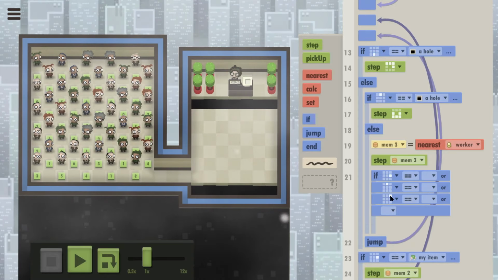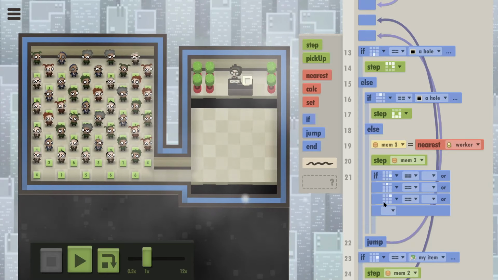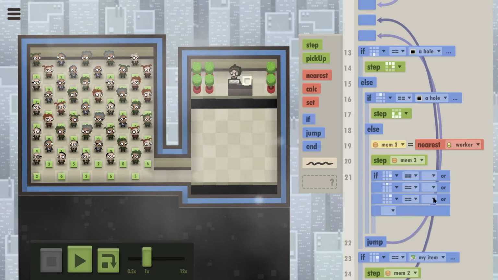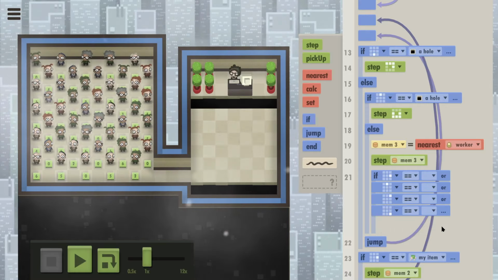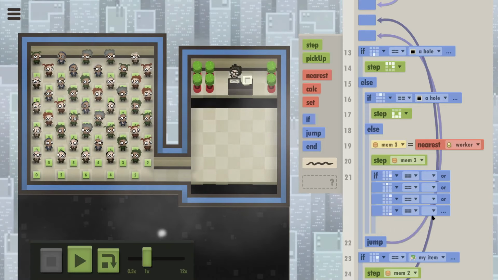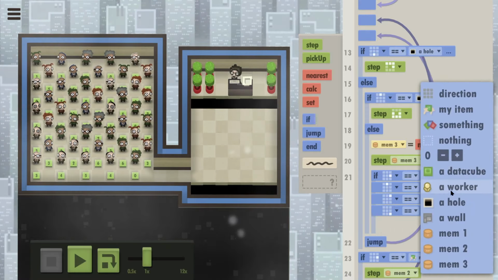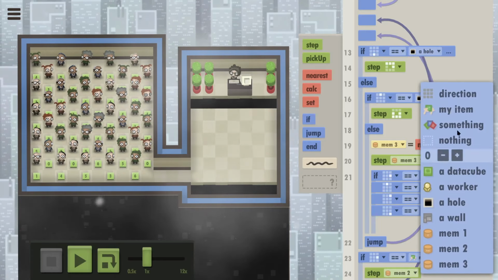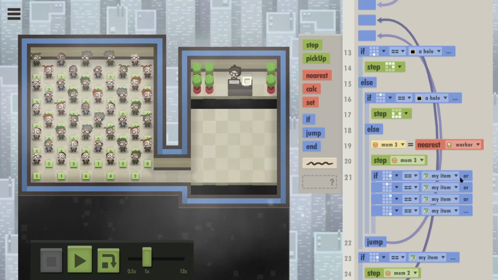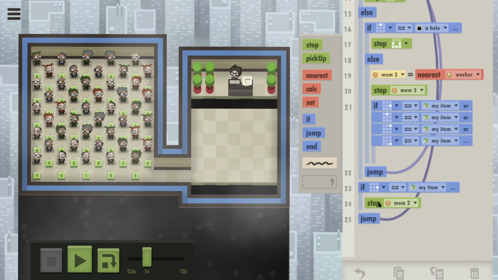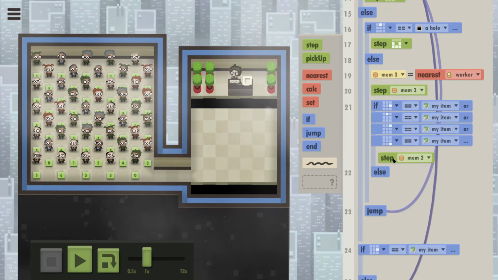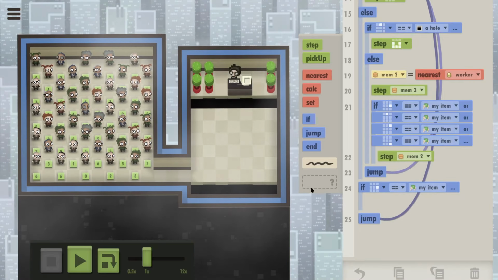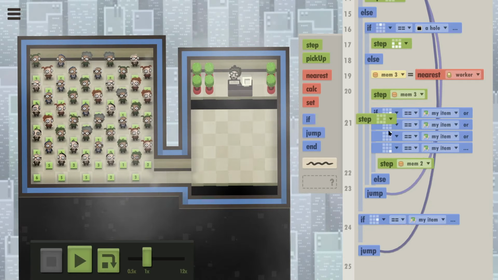So, for example, you're standing here. 2, 3, 4. Direction. Good enough. Equals my item. Else.